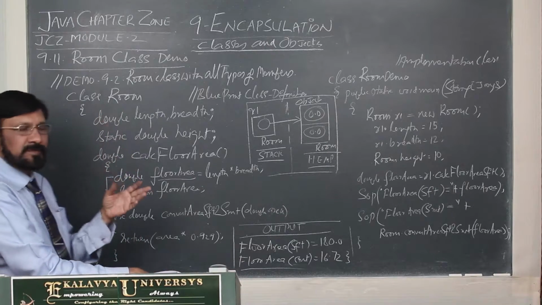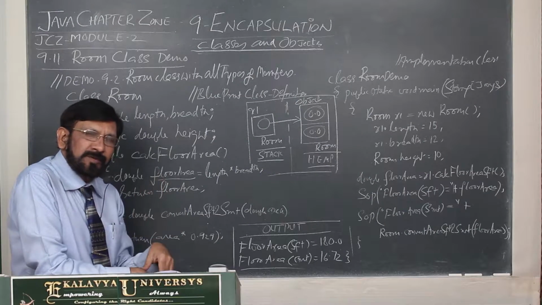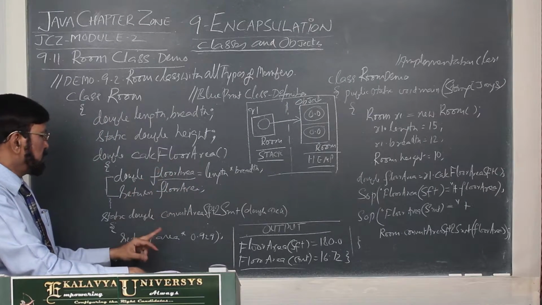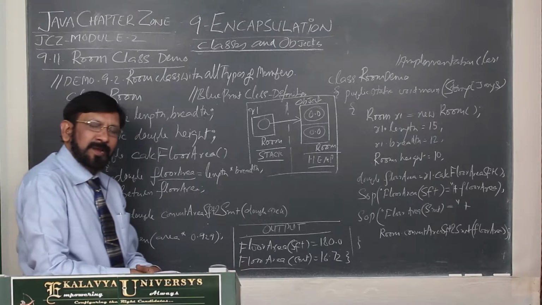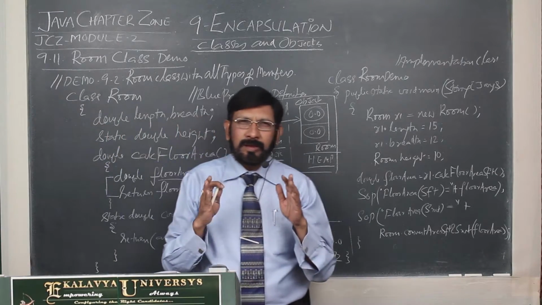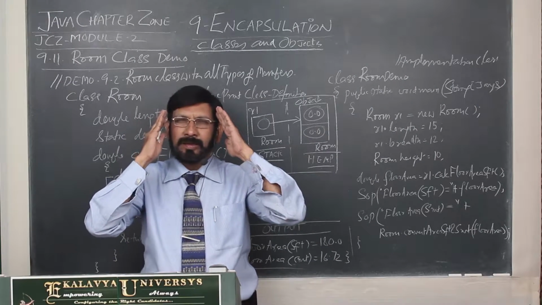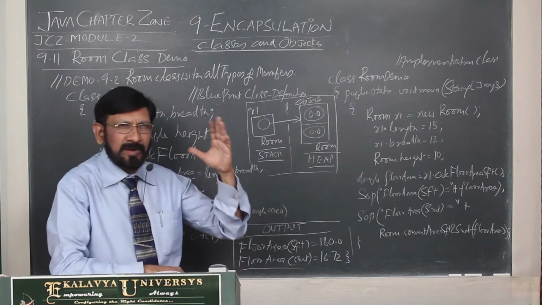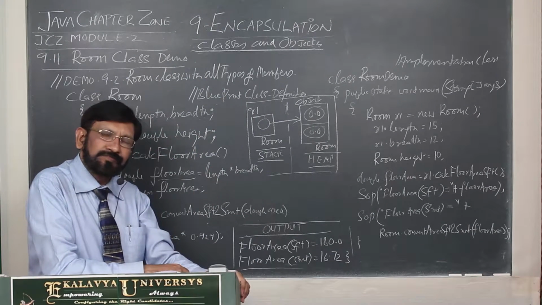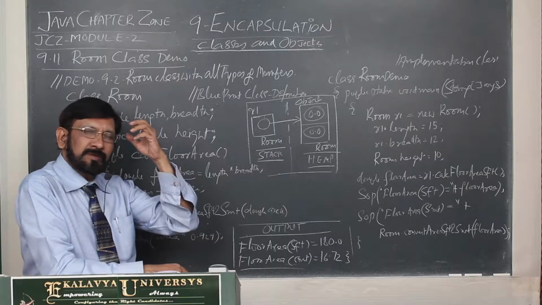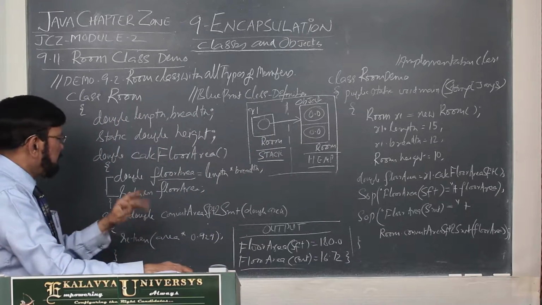So in this, we defined two instance variables, one static variable, one instance method, and one static method. And one thing I am telling you: in design, you must have a clear picture. Unless you can conceive and visualize the entire thing, you don't start writing code. The mental work should be over. Thereafter, you should start writing code.